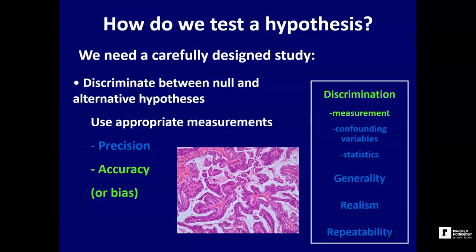Or, as we can see in the example on the screen I'm just about to describe, it can lead to really unfortunate consequences. So what you can see on screen here is a section of breast tissue viewed down the microscope, and this is the kind of thing that clinical microscopists look at in order to try to diagnose breast cancer.